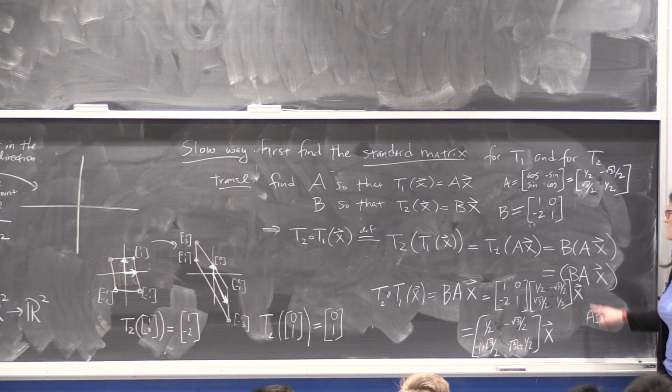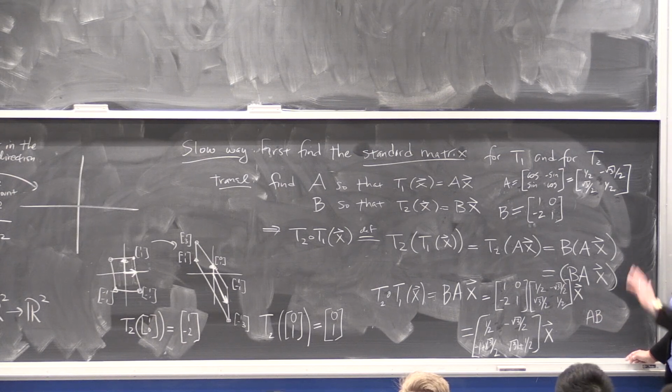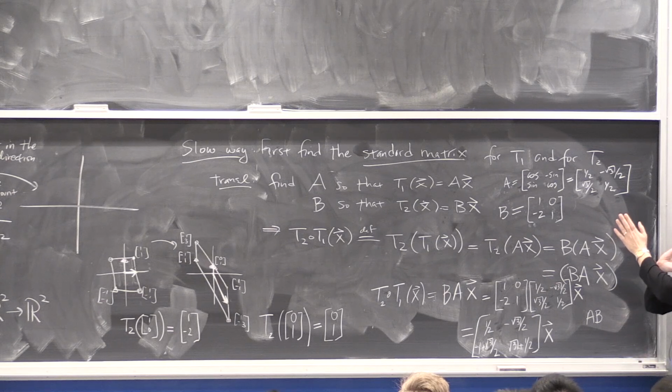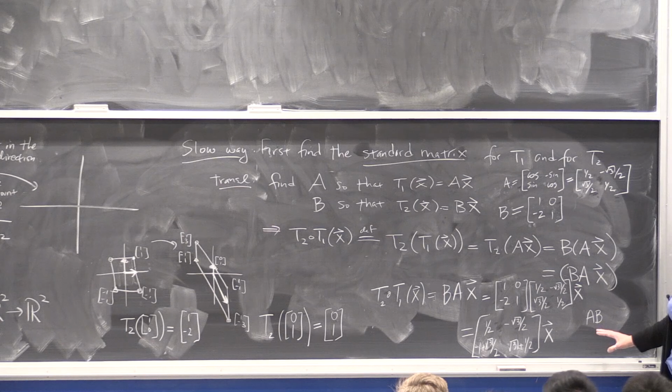If B times A does not equal A times B, then it does matter which order you do it. So examples where it's obvious that it doesn't matter would be like rotate by pi over 4 and then rotate by pi over 3, versus rotate by pi over 3 and then rotate by pi over 4. So it's clear that rotation is going to have A times B equals B times A. But for this one, I doubt it. Are there questions?